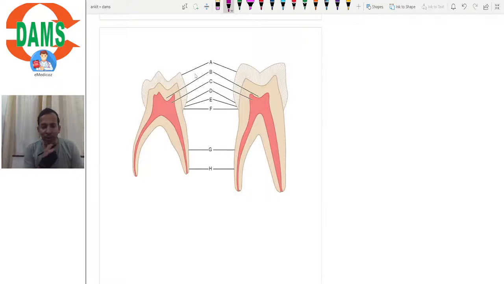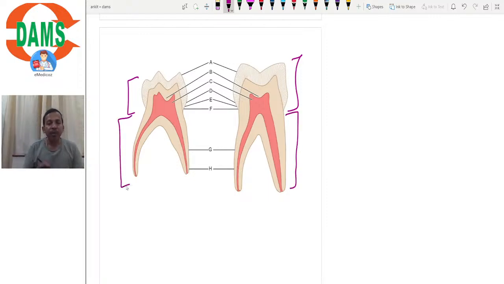So this diagram I had included to tell you something about the differences between the primary and the permanent. Just to revise, we have studied it in the class, but we can again revise it. So let's start with the crown. As you can see, the crown of the deciduous is smaller as compared to the permanent, and the crown to root ratio is also greater for permanent as compared to the primary.